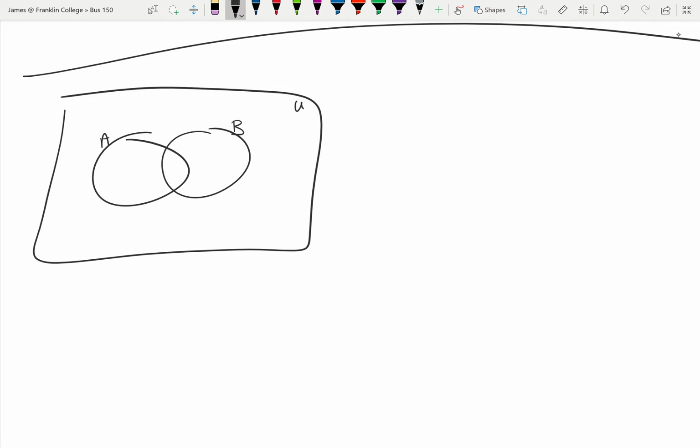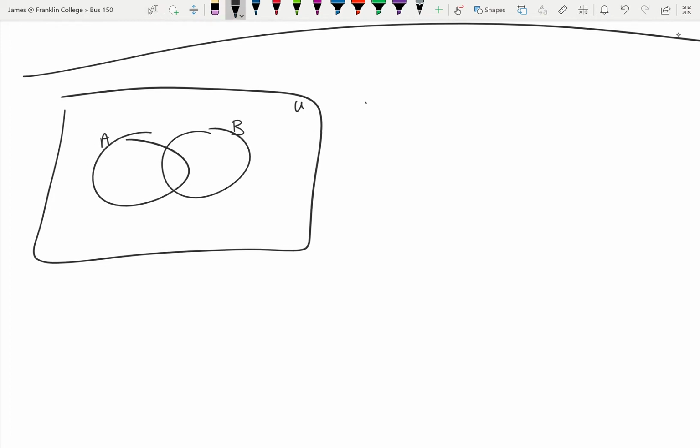Alright, so let's say that some information is given to us and we want to find how many elements are in different other areas of our picture.